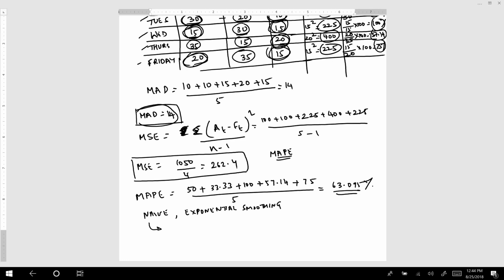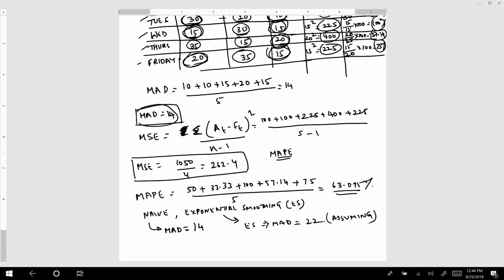Suppose I use MAD for naive and I get a value of, suppose, 14, and for exponential smoothing, ES, I get an MAD of suppose 22. I am assuming these values for convenience.